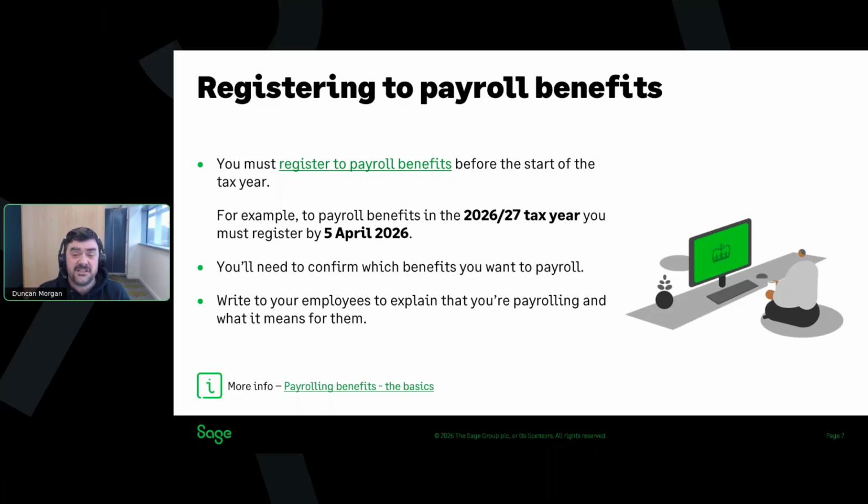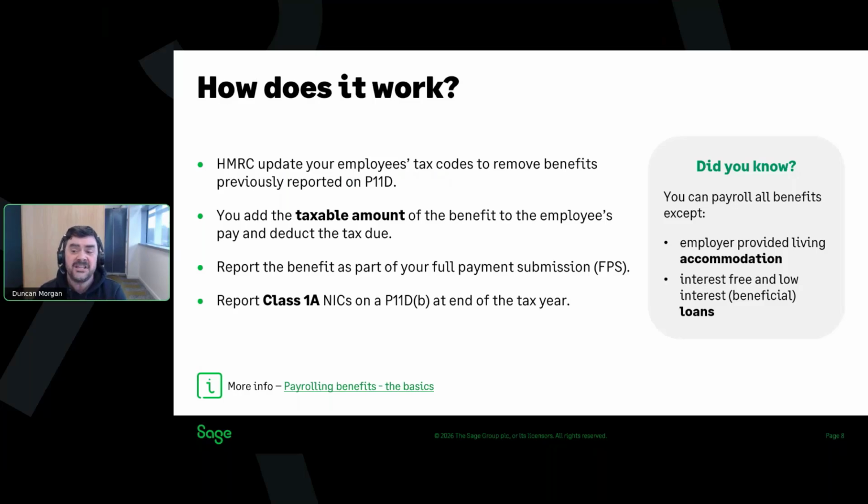So let's say you've registered to payroll benefits. What happens next? Well, HMRC will update your employees' tax codes to remove the benefits that were previously reported on a P11D. And then moving forward, from the start of the tax year where you've registered to payroll, you would need to add the taxable amount of the various benefits to your employees' pay and deduct the tax due on each pay date.